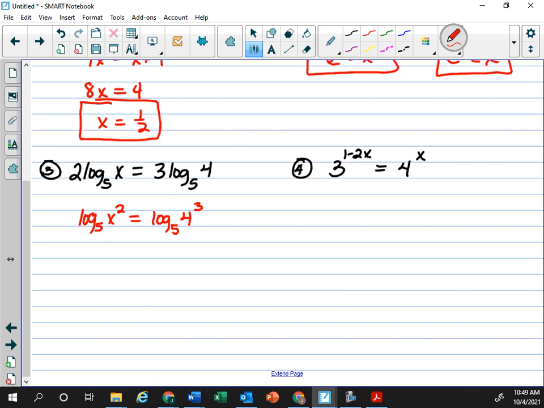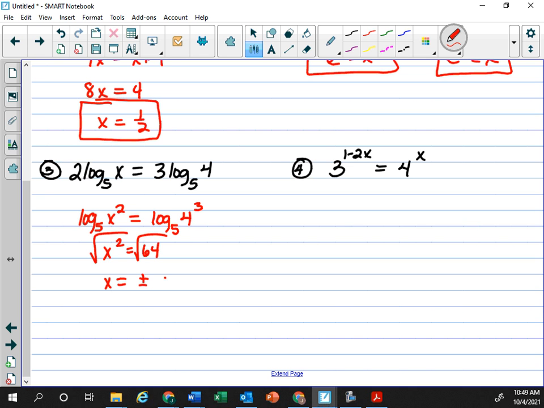Okay, we can rewrite it with those exponents. Now I've got a simplified log base 5 on both sides, so I can just set x squared equal to 4 cubed. And guys, what is 4 cubed? 64. Yeah. Okay. And then I can take the square root from there.